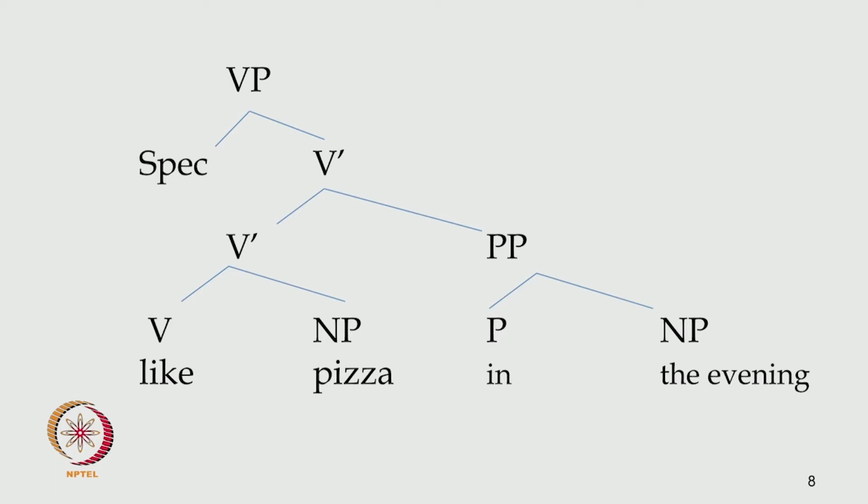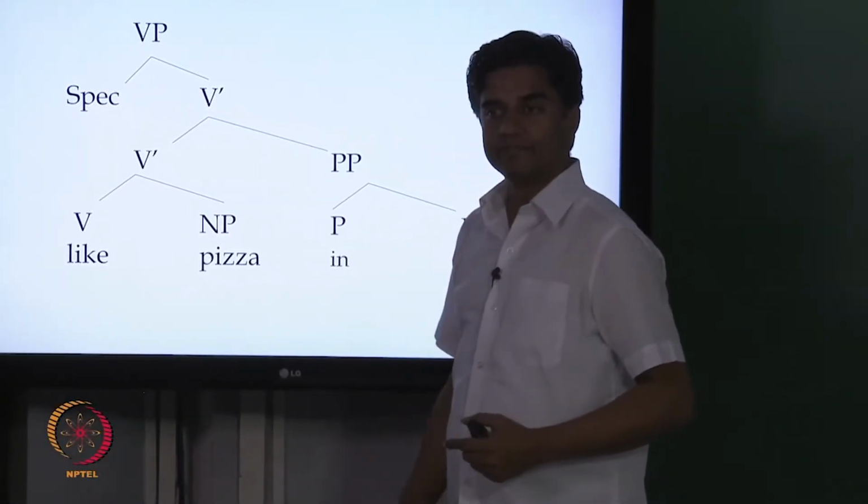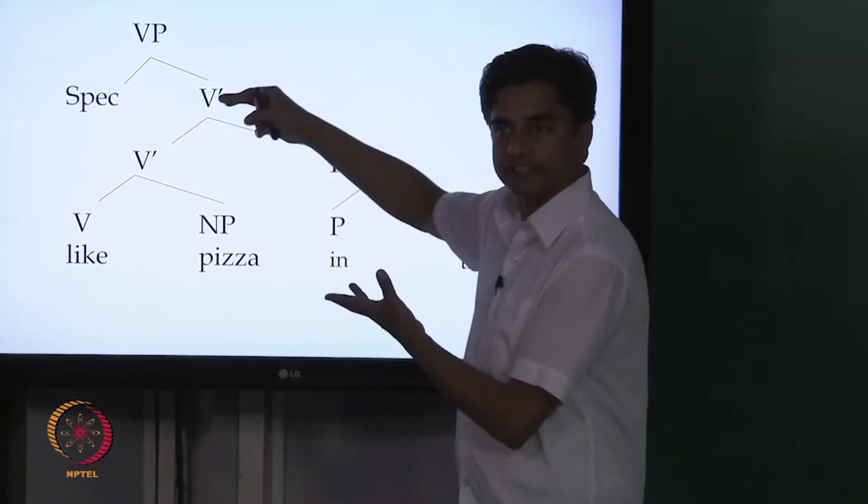If in the evening has to say anything, it is talking about like pizza. Okay? Therefore, it is higher, and since it's not a subcategorized or a required element, you see the intermediate category being expanded, that is another V bar, this is adjoined.